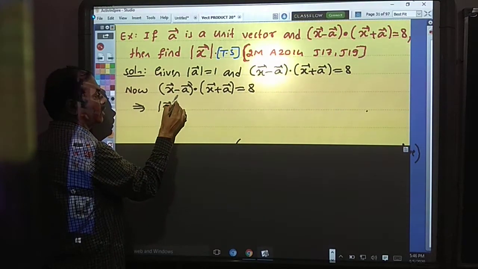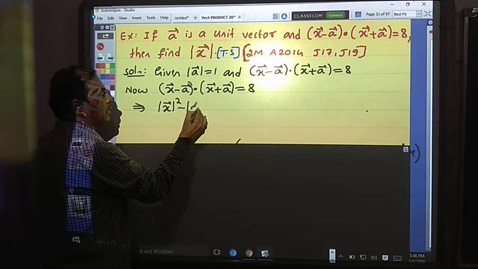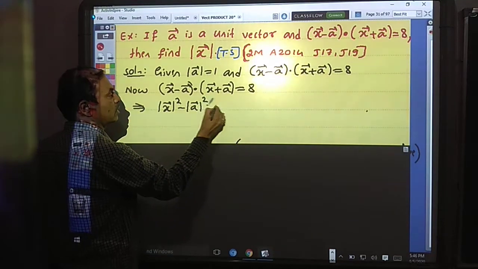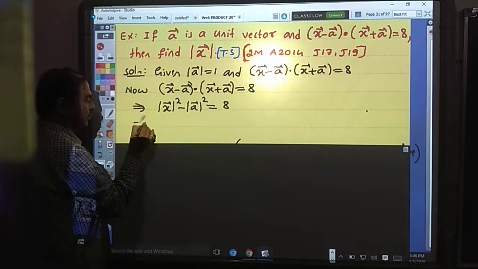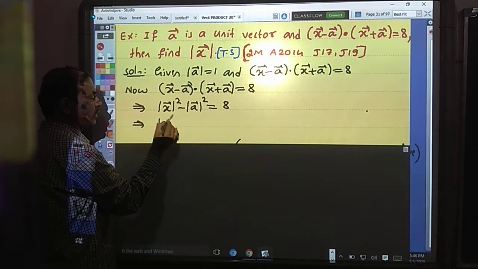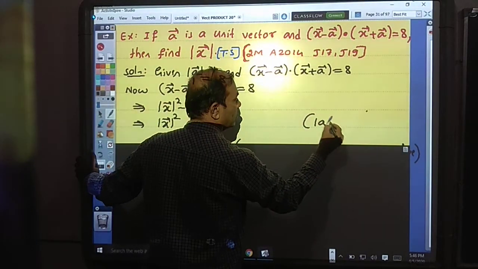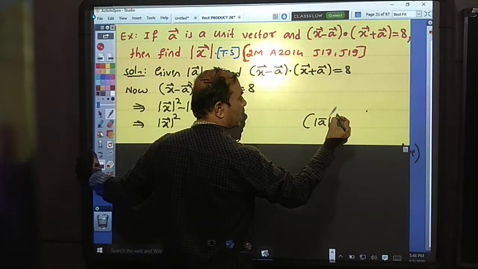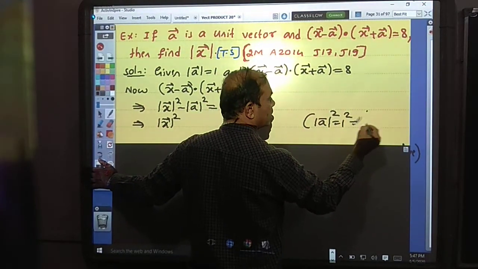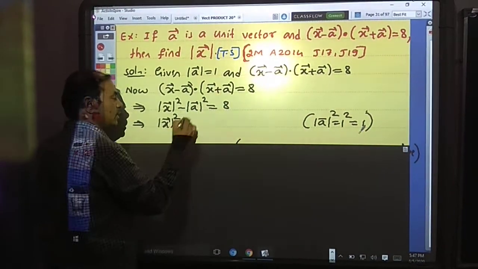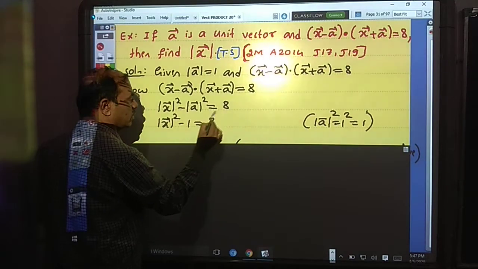It is magnitude of x square minus magnitude of a square equal to 8. Magnitude of x square, but magnitude a is 1, means magnitude a square is 1 square, which is also 1. So magnitude of x square minus 1 equal to 8.